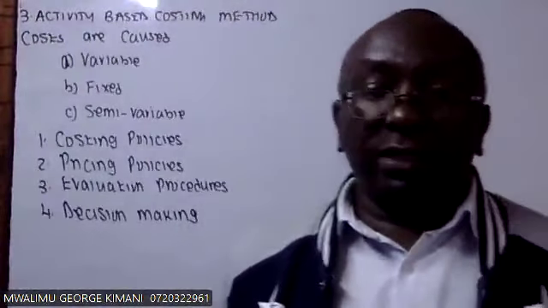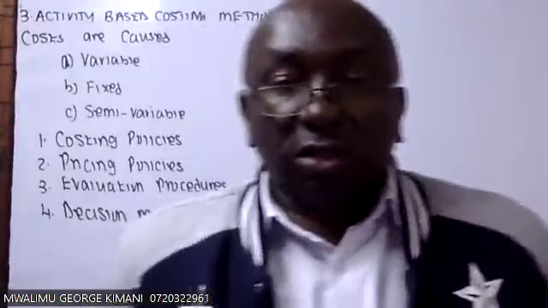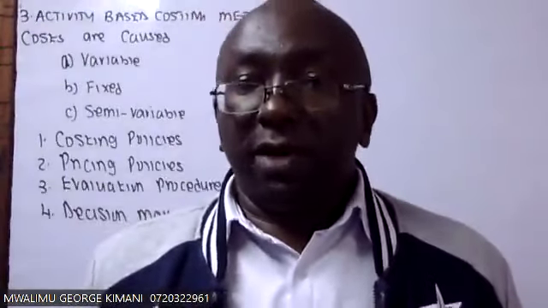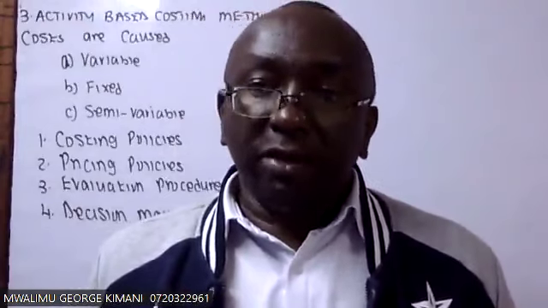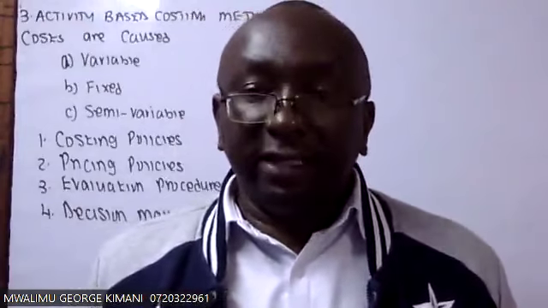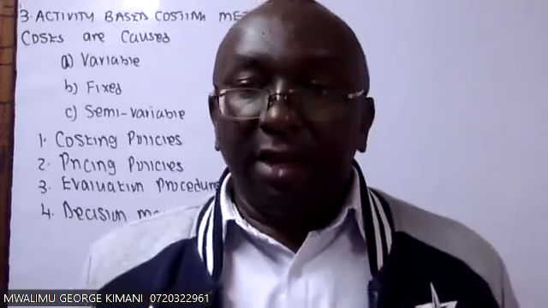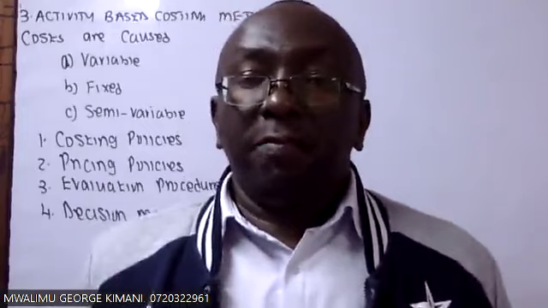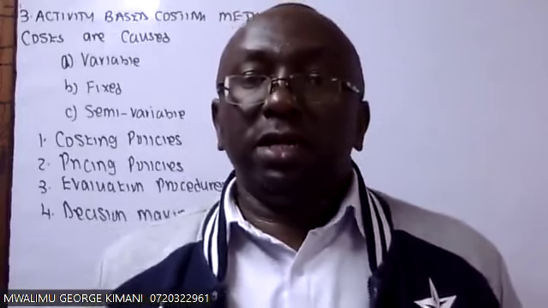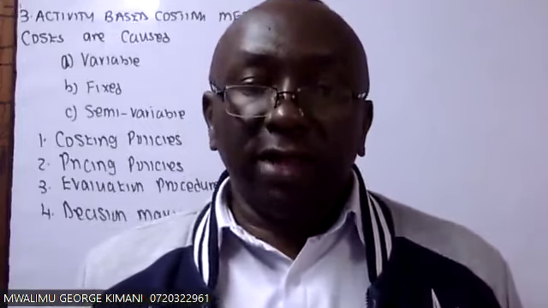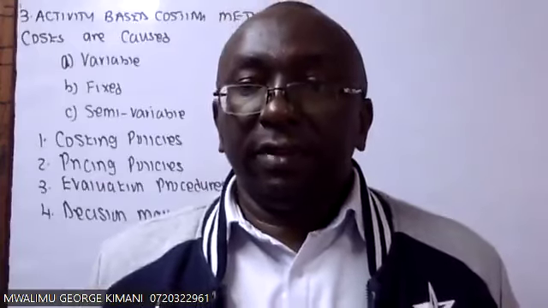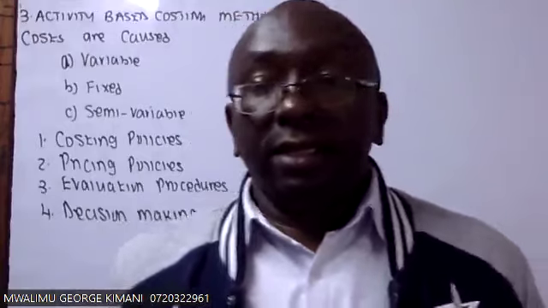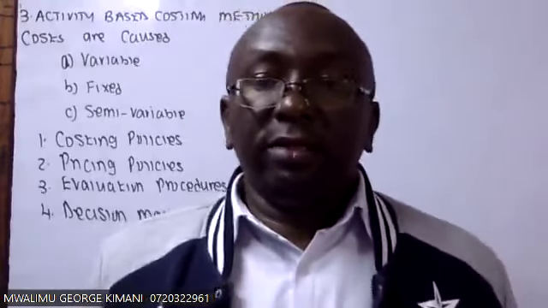It is a method that says that the costs that are incurred are not brought about by the products, but by the activities that are done. Like now, here at Churcham College, the products, so to speak, are the two of you as students. The costs that I'm incurring are electricity, internet, and my salary.